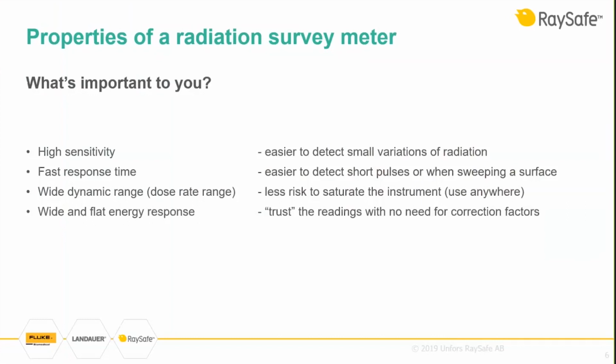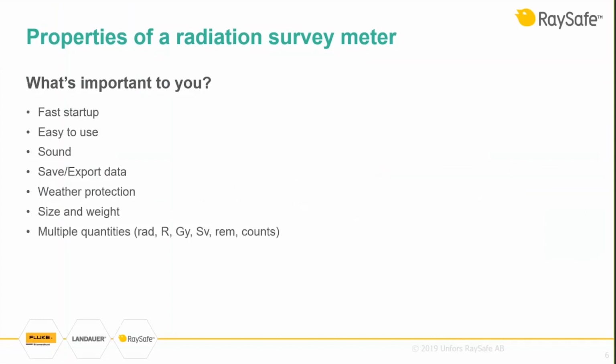Apart from the radiological aspects and functions of a meter, you may also need to consider things like, do I save time or can I get my work done more efficiently if the meter starts up in a couple of seconds instead of having to adjust for a few minutes? Will I benefit from having a meter that is easy to use and operate? Is sound important?